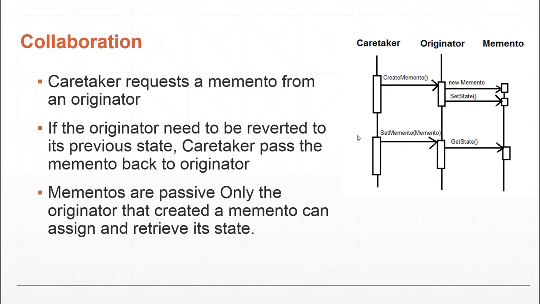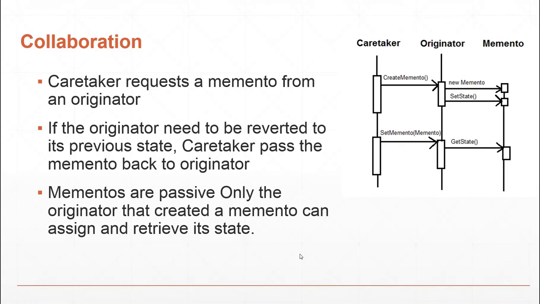For collaborations, at first the caretaker will request a memento from the originator. The originator then creates a new memento and sets its current state to it. Whenever the originator needs to be reverted to a previous state, the caretaker will give the memento back to the originator.